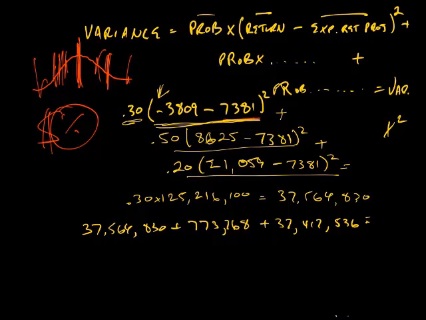See what I was talking about? Not too difficult math, but really, really, really big numbers. You're going to add these all together, and you should get around 75 million, 76 million right in there. So 75,756,134. So there is your variance.